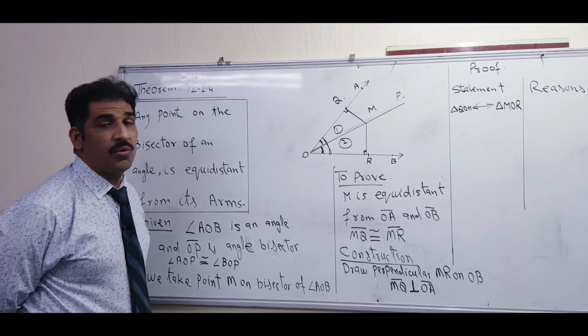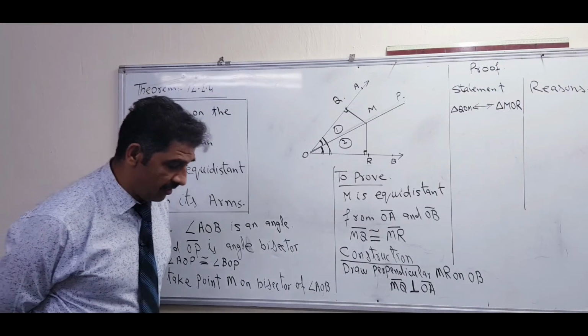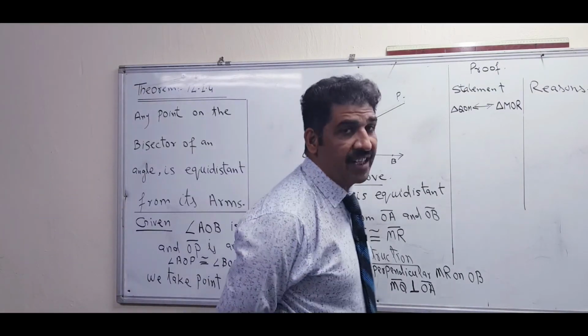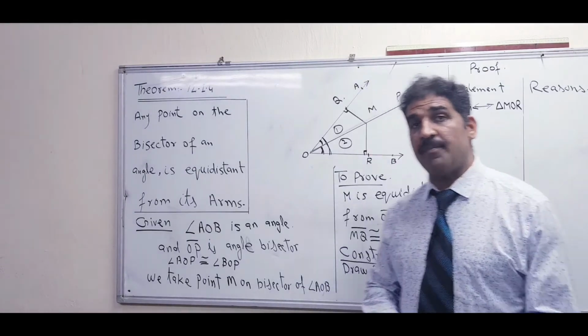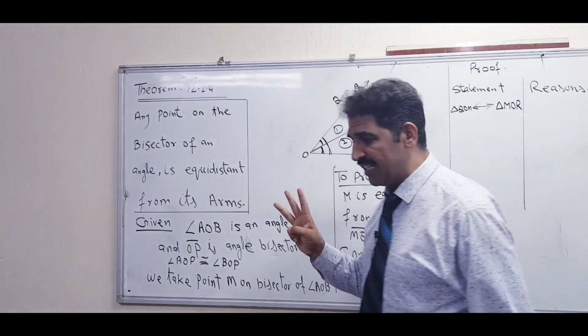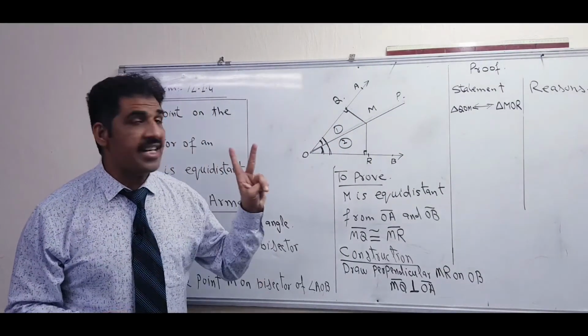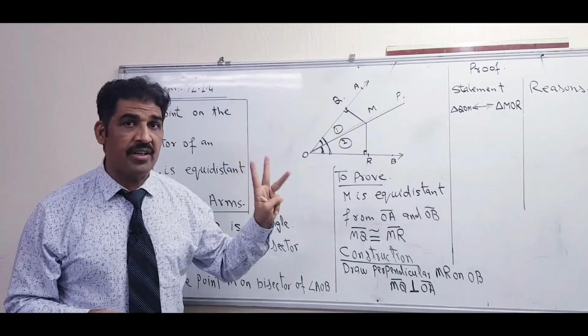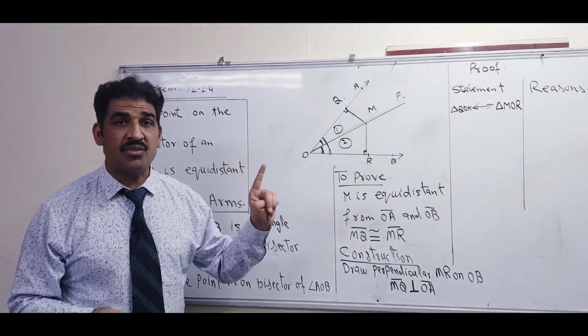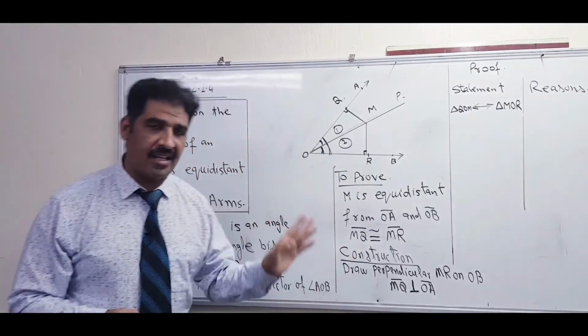Okay, now we have to check which three components are congruent. As I have already told you, there are three possible conditions: if the three sides are congruent, then we say the triangles are congruent; the second is two sides and one angle; and last, one side and two angles. Then those are congruent triangles.